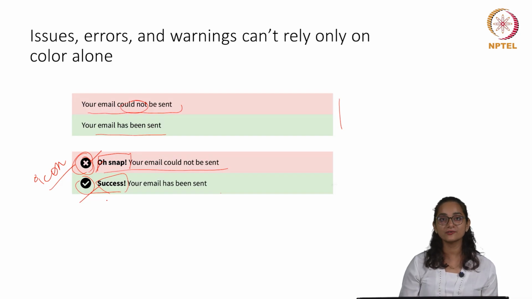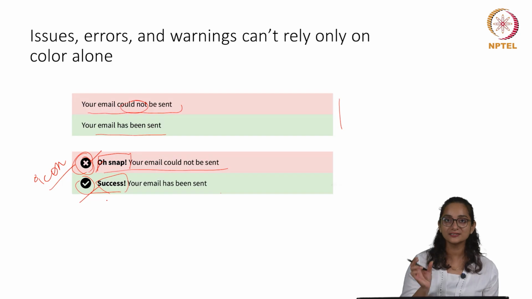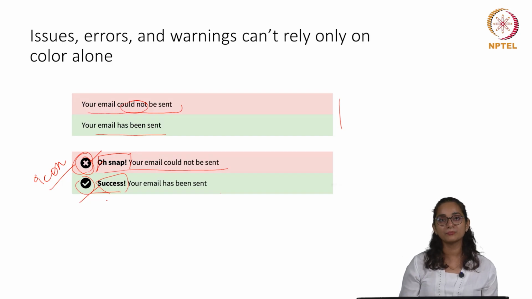I'm sure you have all experienced this ting ting ting success with a tick and a blast of confetti in your payment app. So I think that is a very good example of multimodal feedback, which is not just relying on the words payment complete, or all of those things.